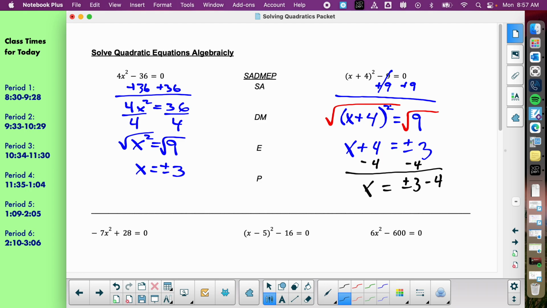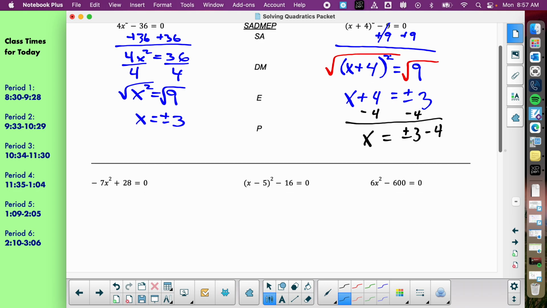Serena? Do you remember how to use the plus and minus when we did quadratic formula? Yeah, okay, so it basically means it's two separate things. So this means positive 3 minus 4 and negative 3 minus 4.